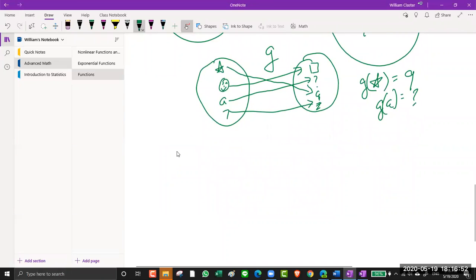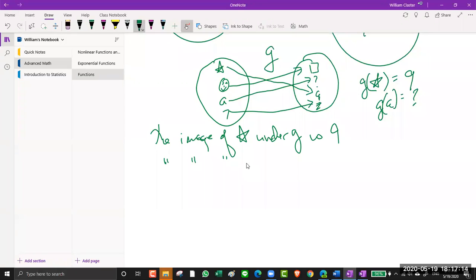Also, we use the following language. We say the image of star under G is 9. And then we could say the image of A under G is what?